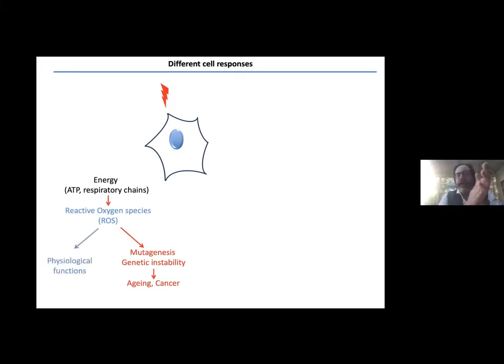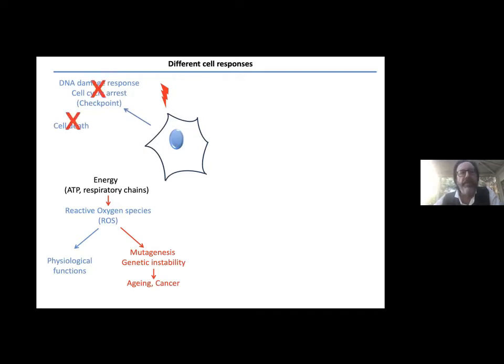But the ROS can also be used for the benefit of the cells in different kinds of mechanisms, and they can be used as secondary messengers to activate protective mechanisms, for example to activate the detoxification pathways. Another stress is DNA damage, which can alter the DNA directly and will lead to cell death.